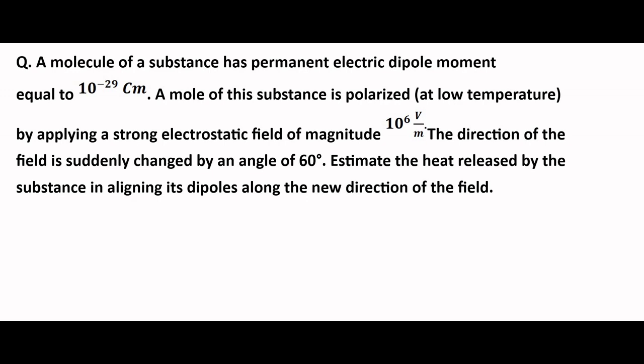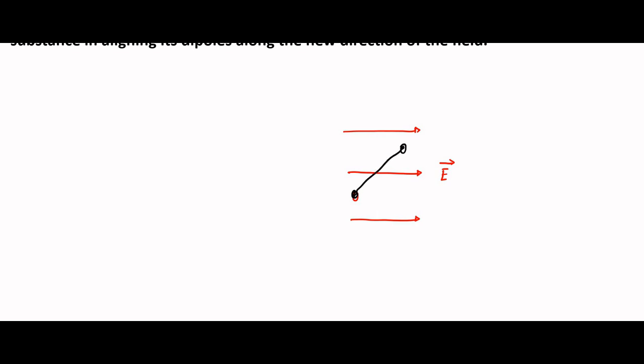Okay, so the situation is that we have an electric field in a particular direction, and we are considering a particular molecule in which the dipole is aligned in a particular direction, at some angle it makes with the electric field.